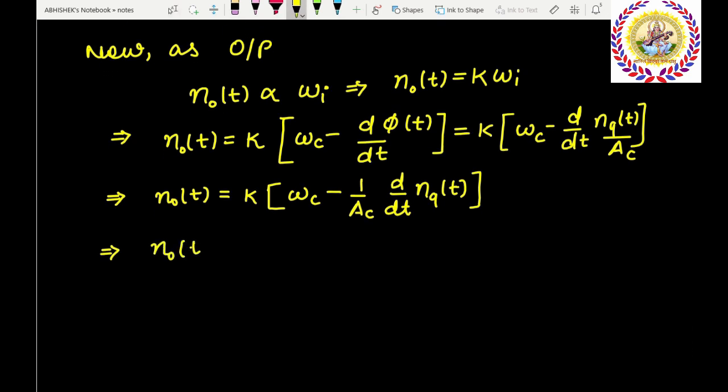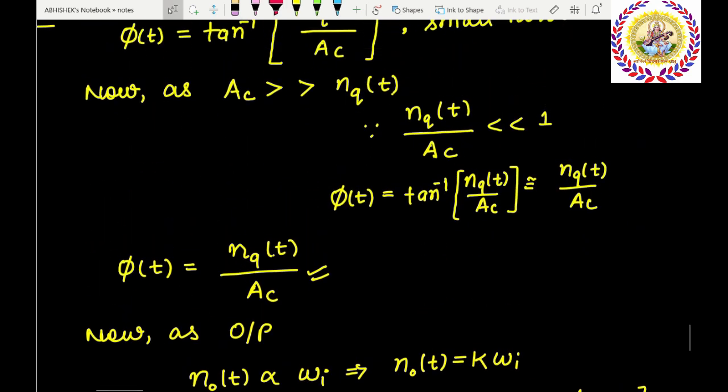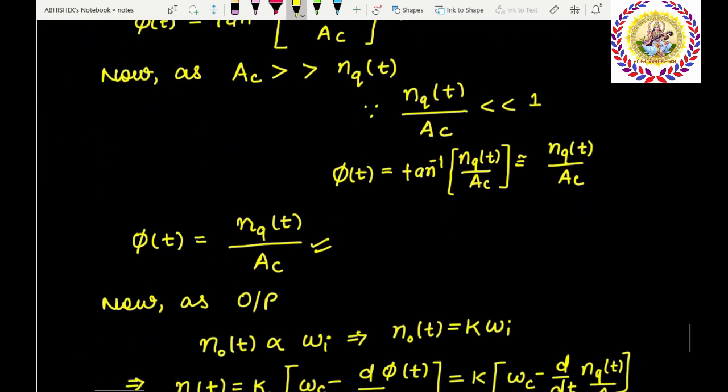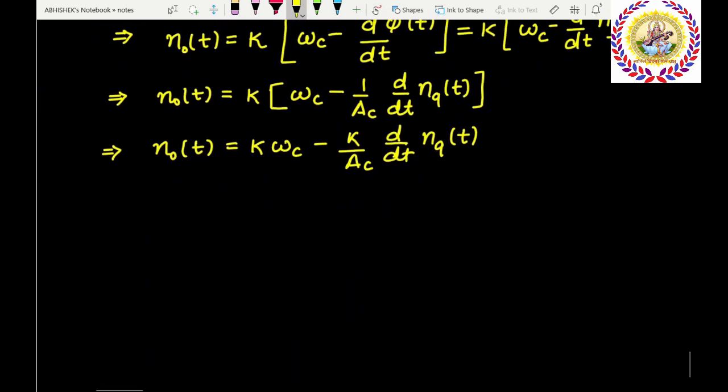Again, n naught t will be equal to this, which was our omega I. Now we have to calculate the power spectral density of n naught t, which is directly dependent upon the power spectral density of nqt.